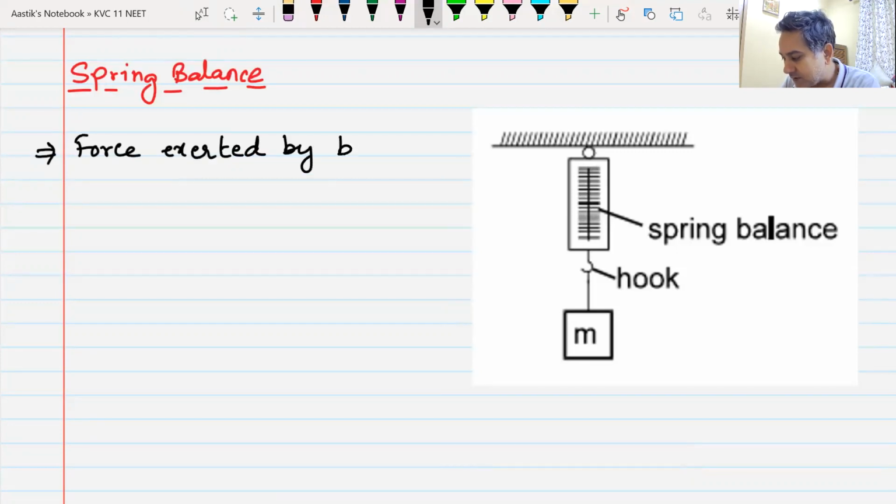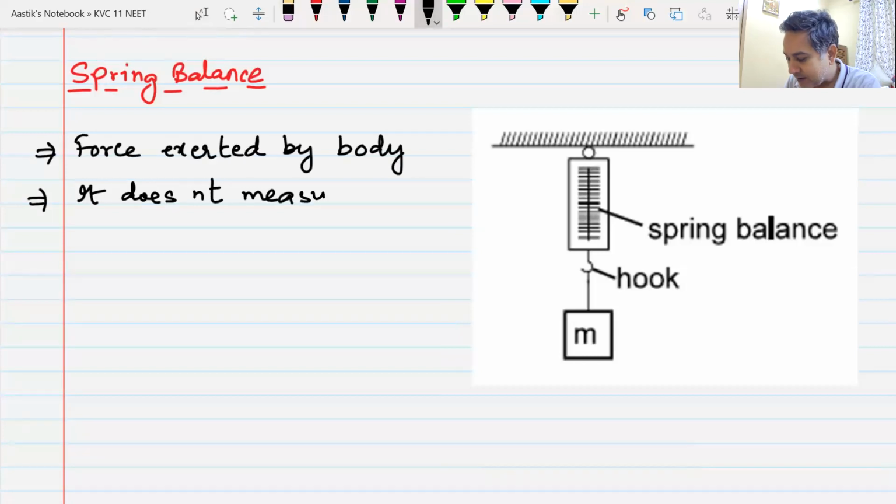Whatever body is hanging, it measures that force. Remember, it does not measure the weight of the body. It actually measures the force.